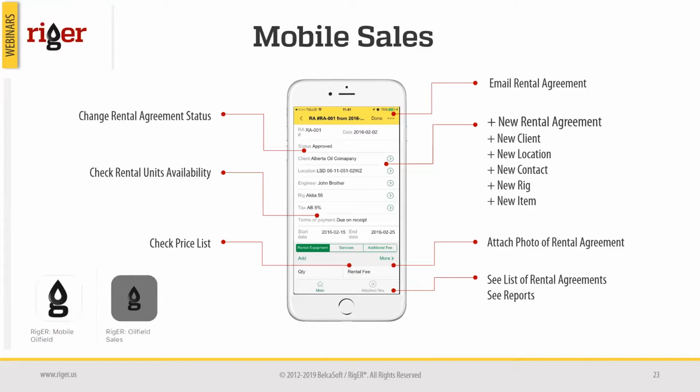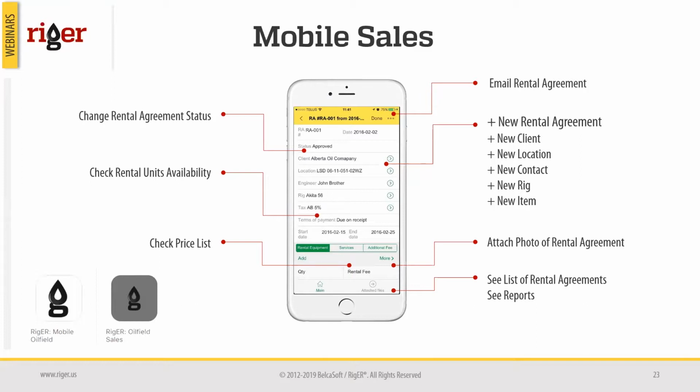Inside the app, the salesperson can create a new rental agreement, new clients, locations, contacts, rigs, items, etc. He can change the statuses of the rental service agreement if he has the permissions to do so set in the cloud database. He can check the availability of the units that he is trying to add to the rental agreement.